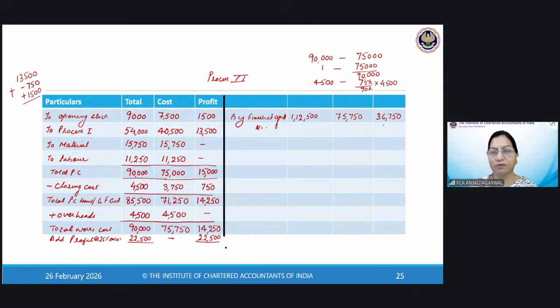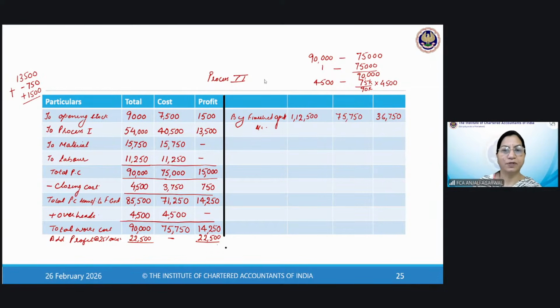Once again, do the total of the three. Do they match? 75,750 plus 36,750. Yes, it is 1,12,500. So in the finished stock account, 1,12,500 worth of goods will move.